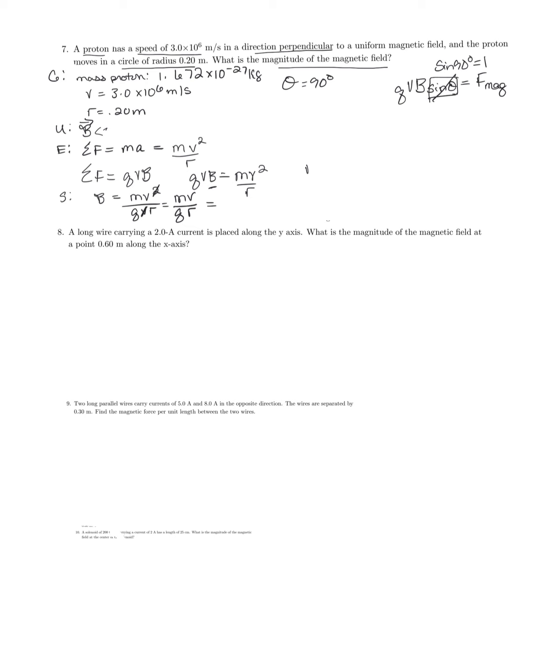So we know the mass of our proton is 1.672 times 10 to the negative 27 kilograms, times our velocity, which is 3 times 10 to the 6 meters per second, divided by Q. The charge of a proton is the same as, but positive, the charge of an electron, which is 1.602 times 10 to the negative 19 coulombs. You'll probably also be given that, but eventually you do it so much you start to remember it. And R here is a circle of radius 0.2 meters.